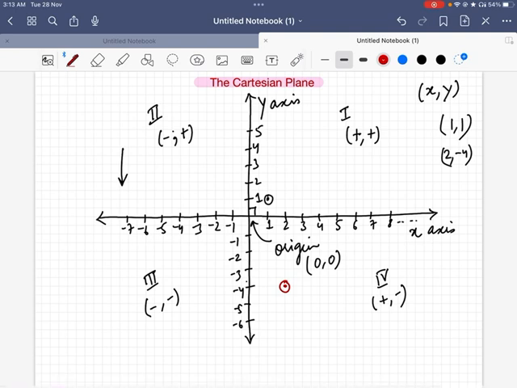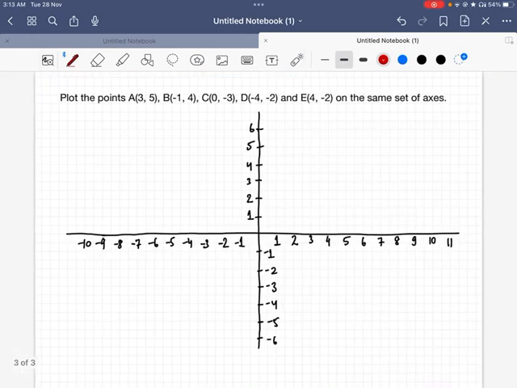In the first quadrant, both x and y are positive. In the second quadrant x is negative but y is positive. In the third quadrant both are negative, and in the fourth quadrant we have positive x but negative y. Correct.